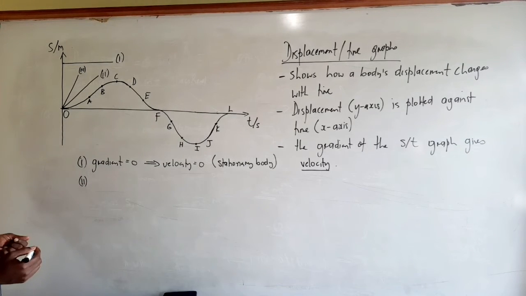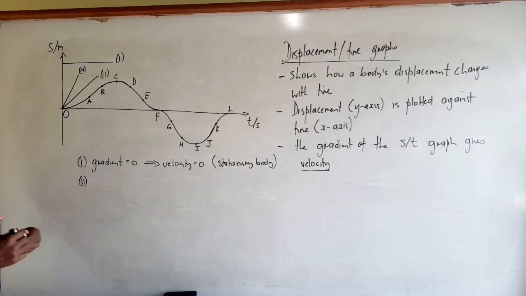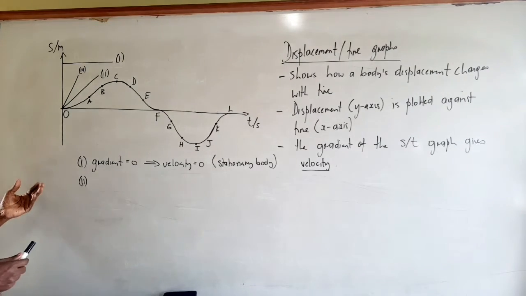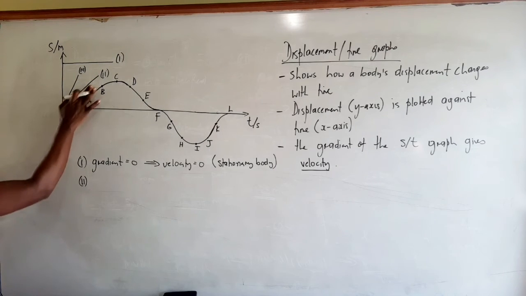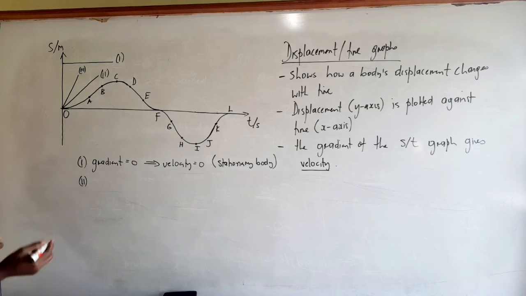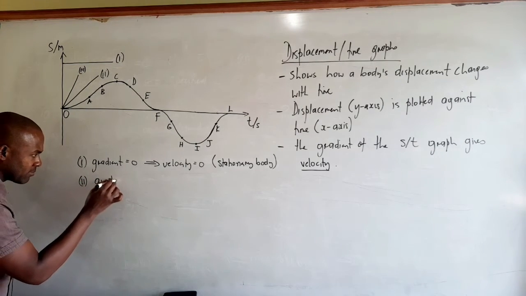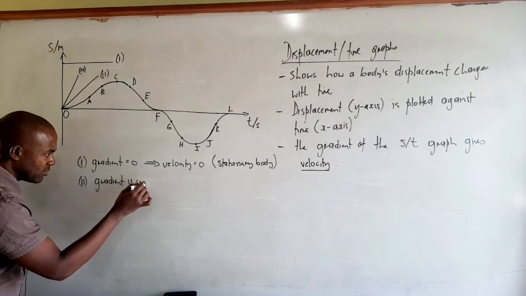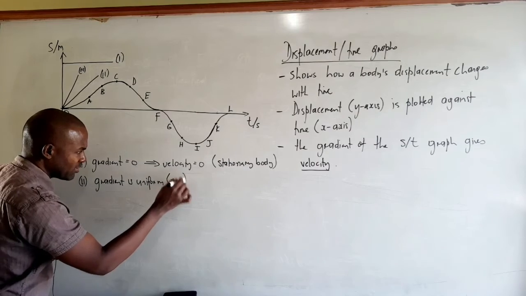Now graph 2 is a straight line with a uniform or constant slope. So if we examine the graph, we see that the displacement increases steadily with time, and so the gradient is uniform or constant, and of course it is also positive.